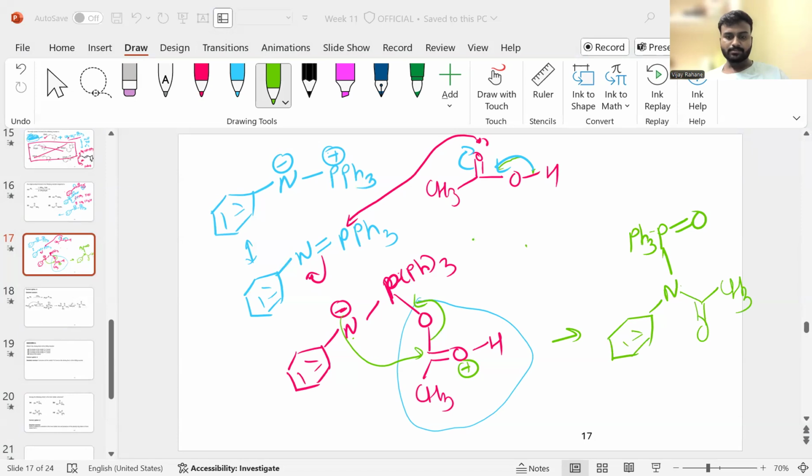elimination. Upon protonation, the P double bond O PPh3 can be eliminated, and which leads to the formation of amides. So if you look at this product, we have the acetic acid, that's the source of proton, which can induce the formation of, so this bond eliminated, it forms this, the benzene ring.